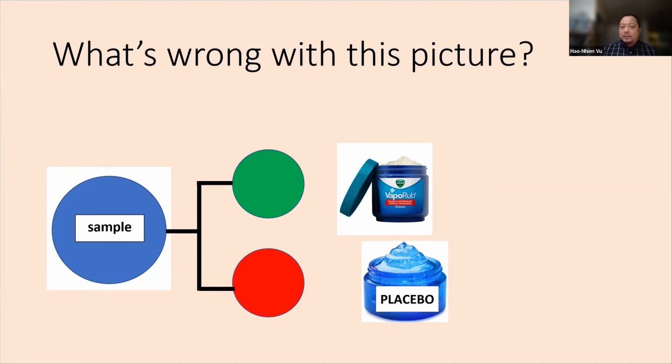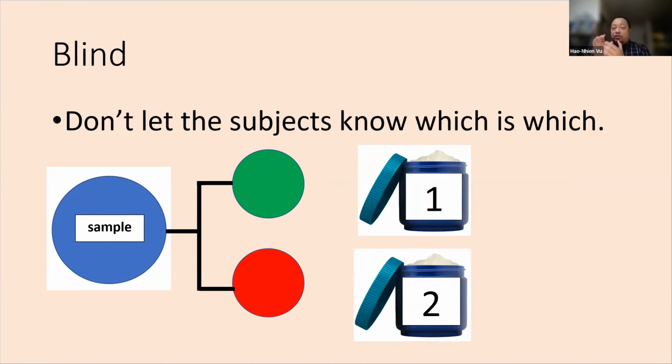Yeah, the people getting a placebo, they're going to look at it and say, what on earth is this? Why should I even bother? It says placebo right here. So yeah, don't tell them that they're getting vapor up or placebo. Hide the jar. On one of them, put the number 1 on it. On the other, put the number 2 on it.